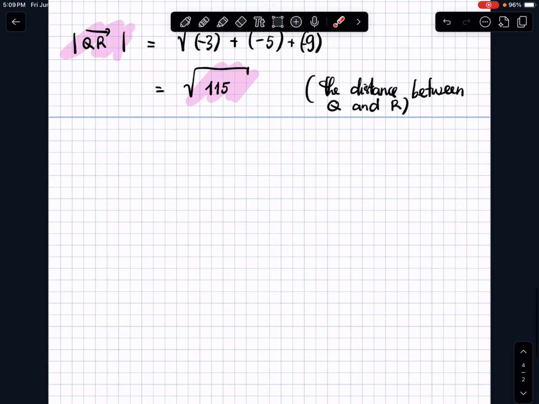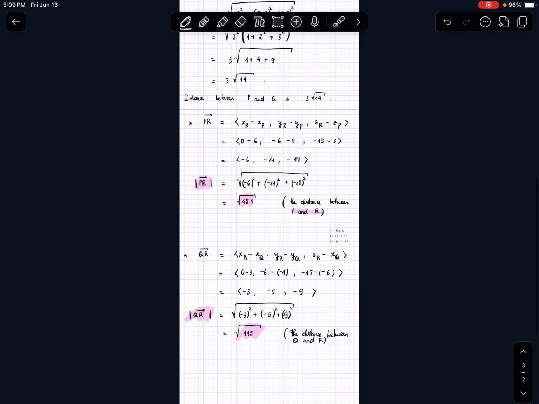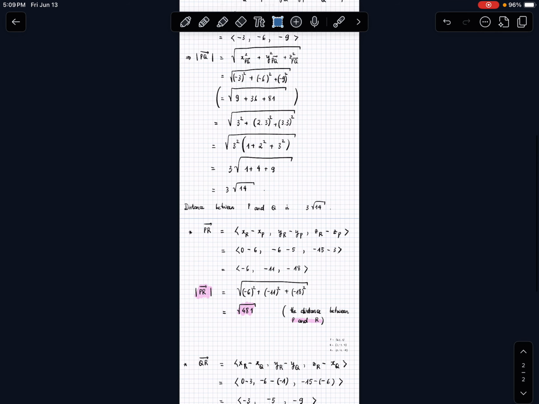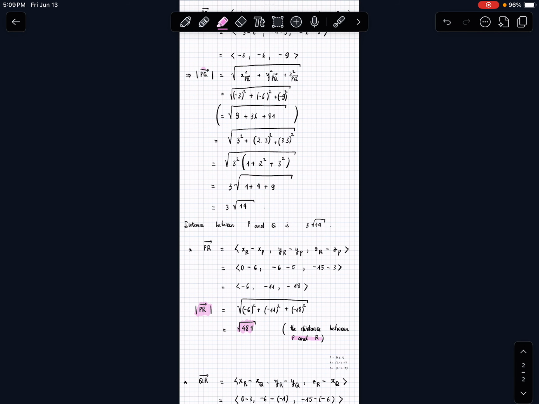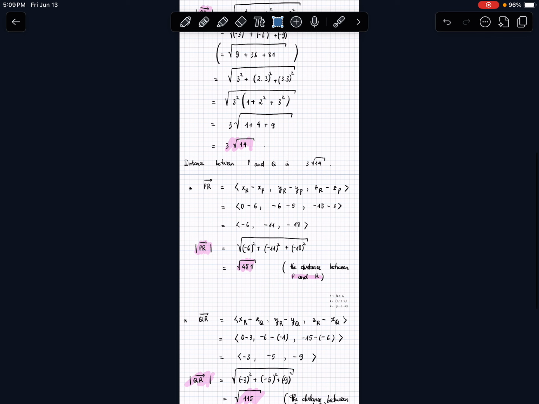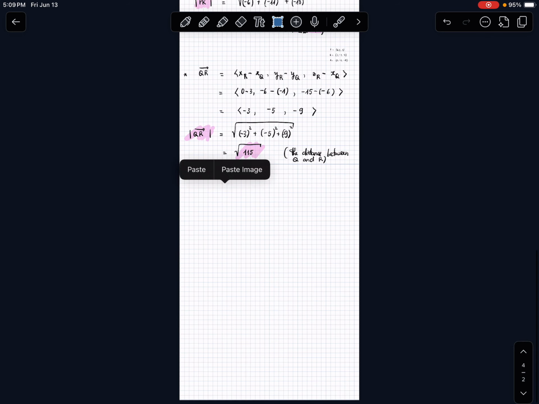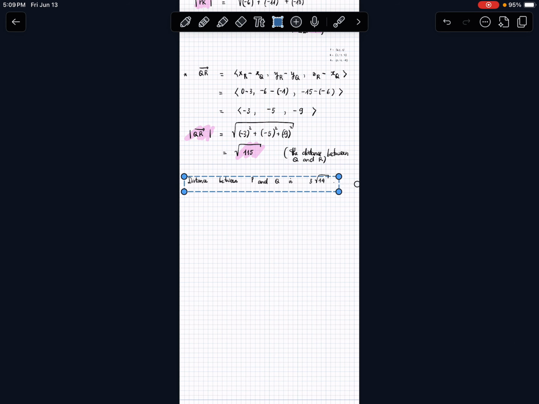The first one is PQ: the distance between P and Q is 3 square root of 14.